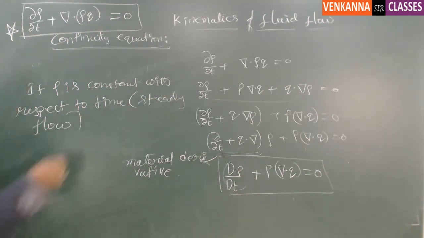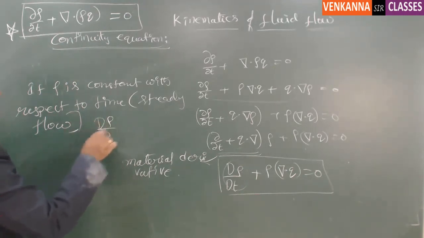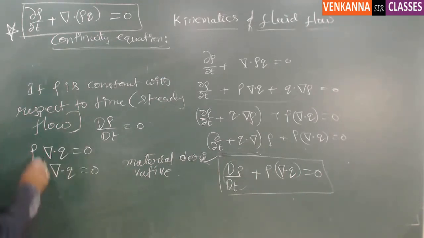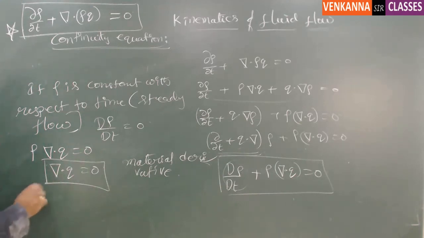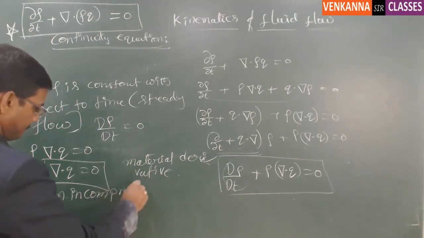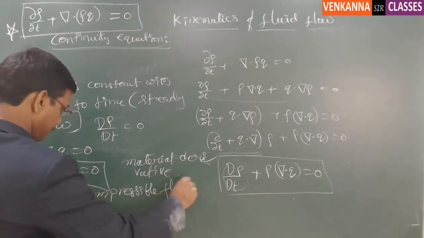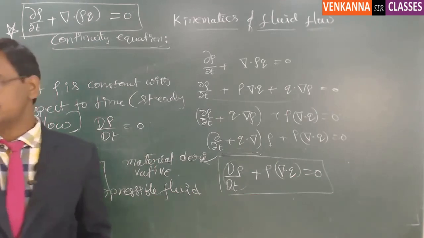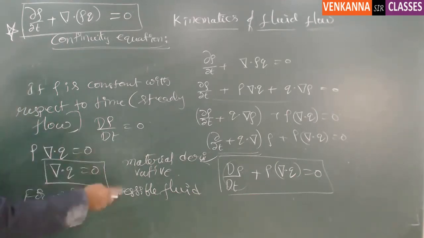For a steady flow, there won't be a change with respect to time, so d rho by dt equal to 0. Then the equation is rho into del dot q equal to 0, or in short, del dot q is equal to 0 for an incompressible fluid. So for an incompressible fluid, it should be del dot q is equal to 0. Got it? Steady and incompressible.